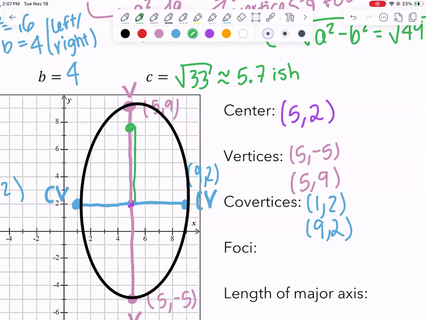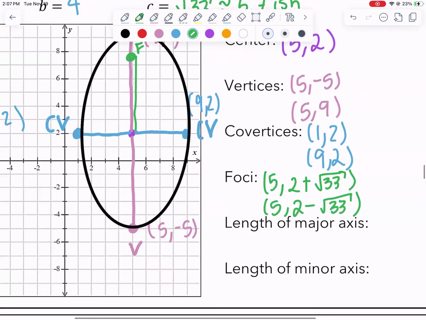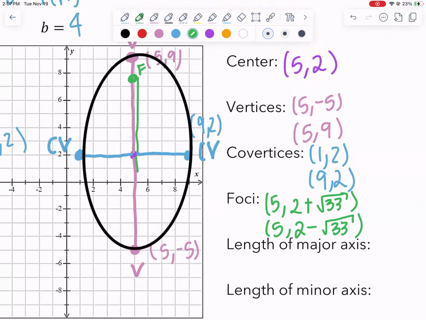And then the y value of the center, but you add square root of 33. So 2 plus square root of 33. And then the other one will be 5, 2 minus square root of 33. So 5 and a little bit more units down. So 1, 2, 3, 4, 5, and a little bit more somewhere on there for the other focus.